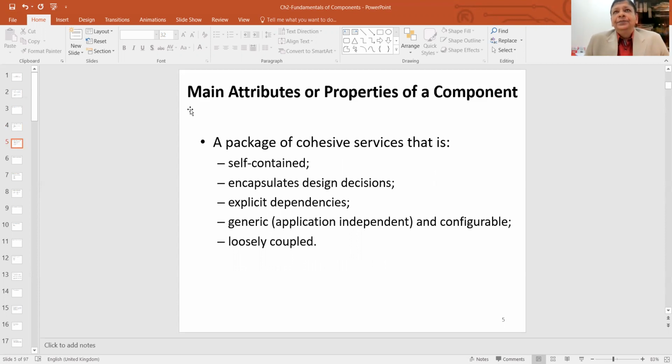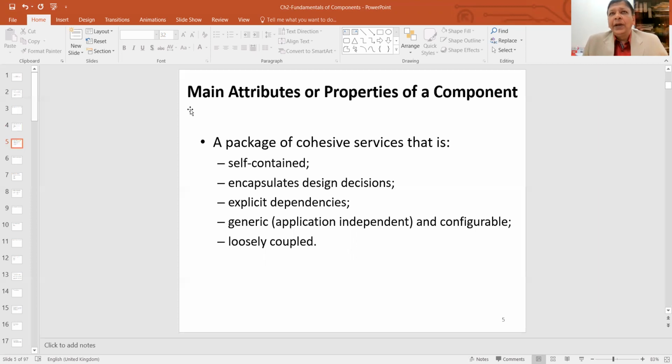Another attribute: it's a package of cohesive services that is self-contained. Here we have a concept of independence. It should be able to perform its functionality independently. Here we have the concept of coupling and cohesion.